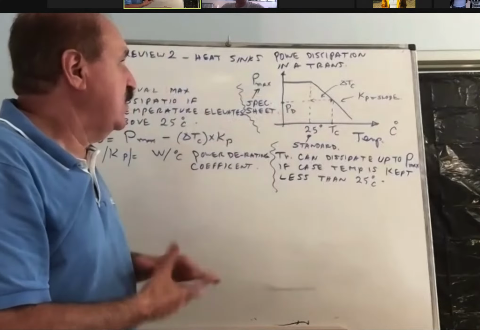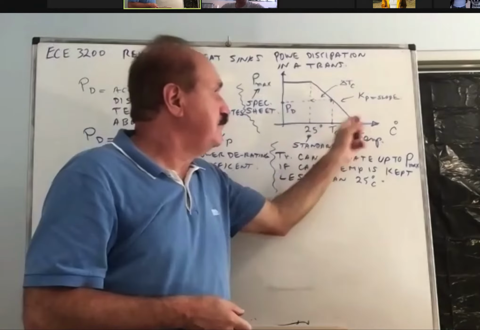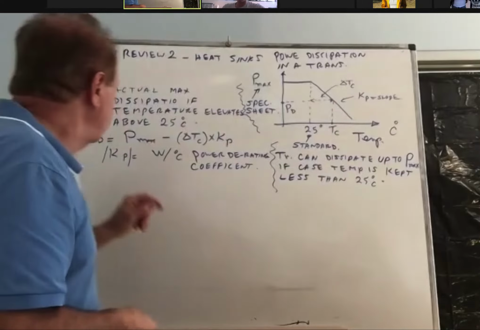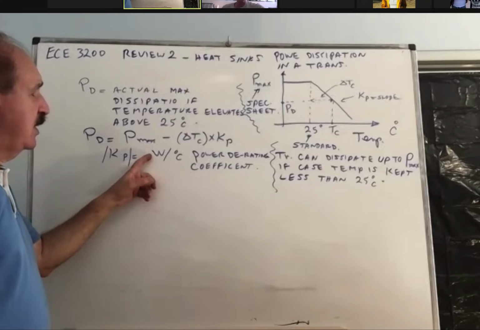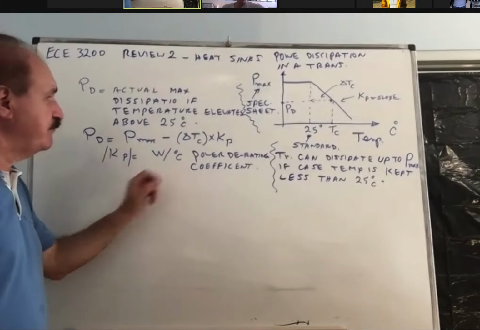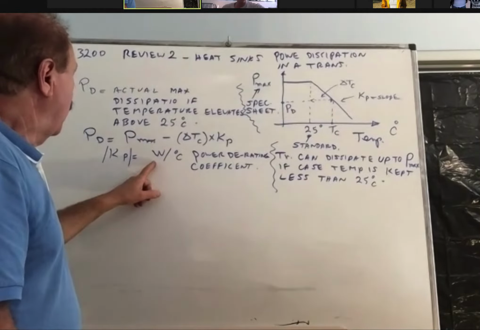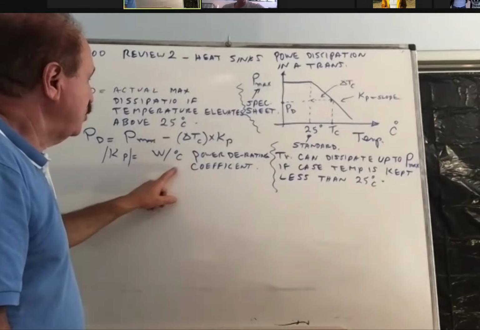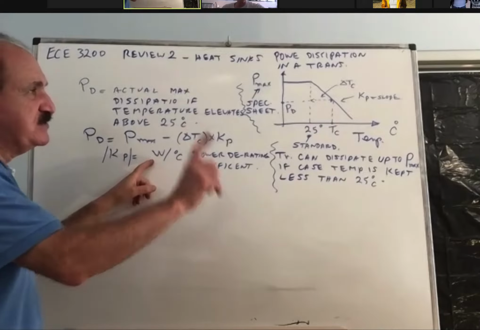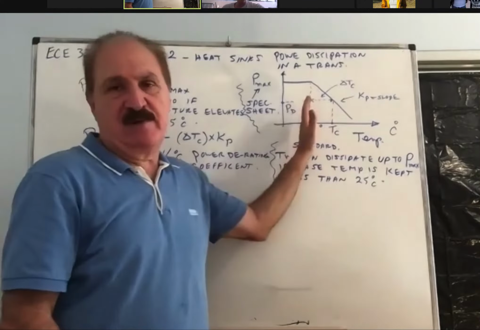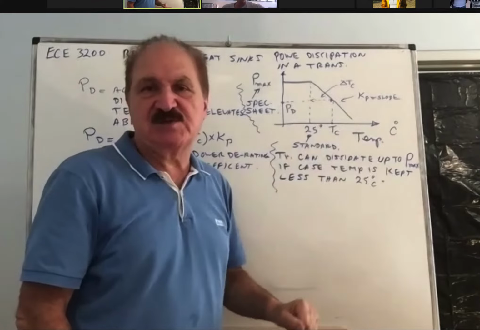So here I gave you an example. Let's say the power derating coefficient Kp is measured in units of watts per degree Celsius. This is the amount that you have to deduct for every degree Celsius as you step beyond the 25 degrees.